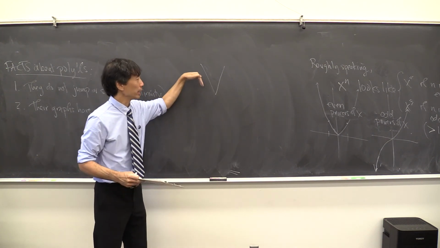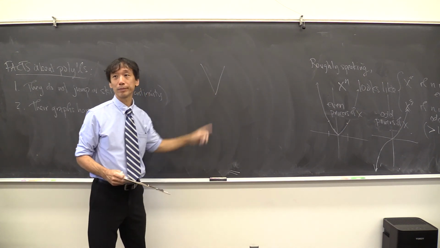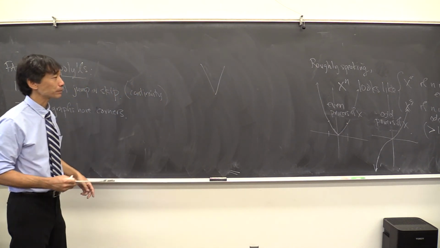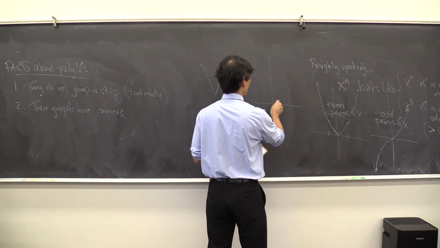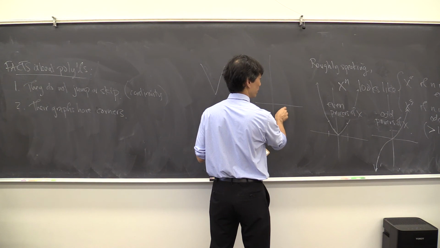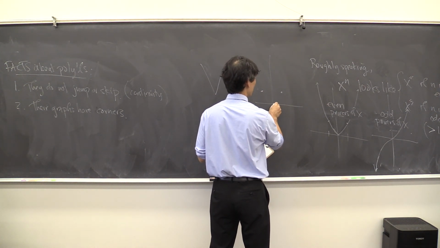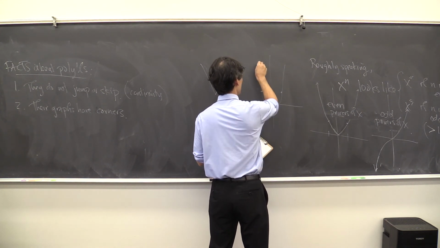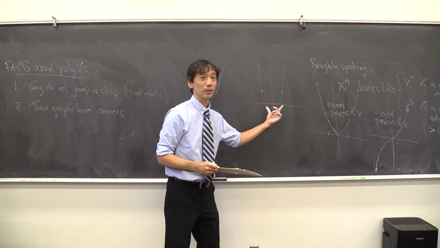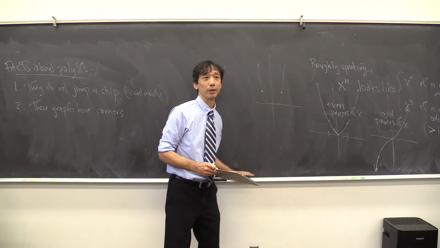Polynomials can't have this sort of abrupt change of direction. It's impossible for them. It's true that if you take greater and greater even powers, it starts heading towards a corner. It becomes more and more corner-like, but it can never become an actual corner.